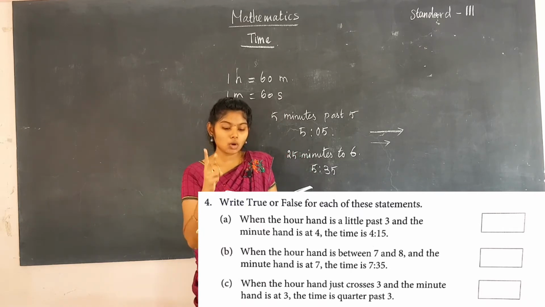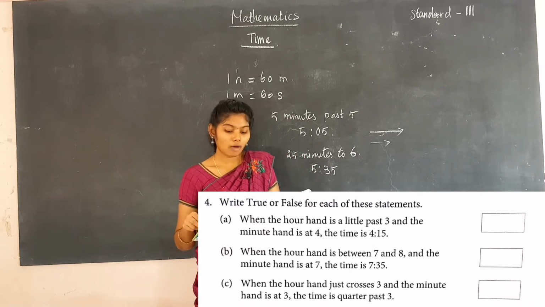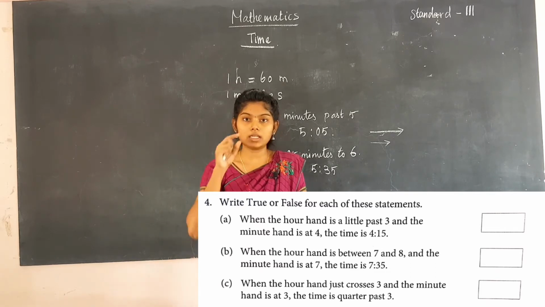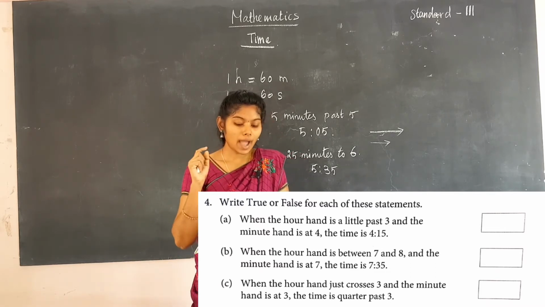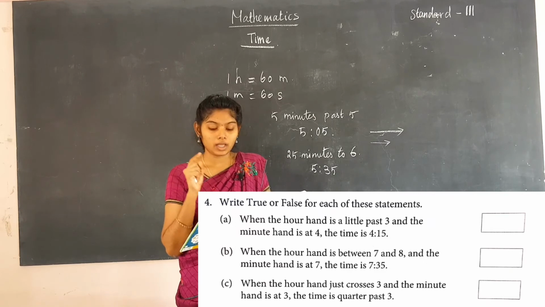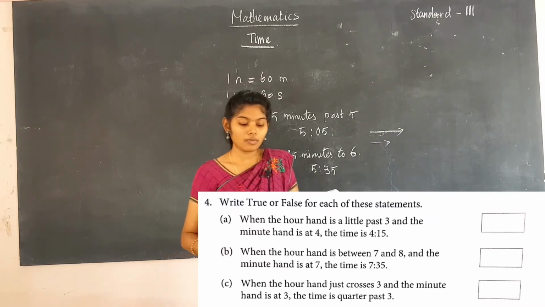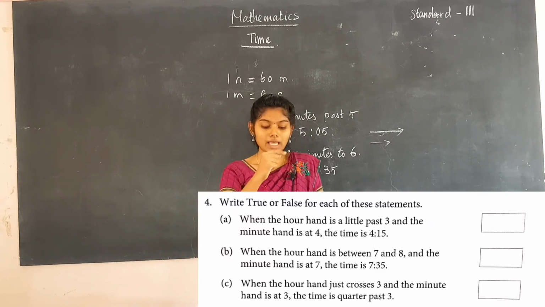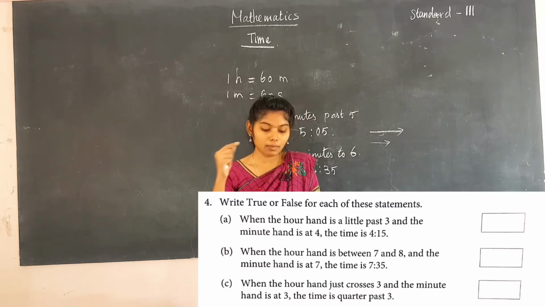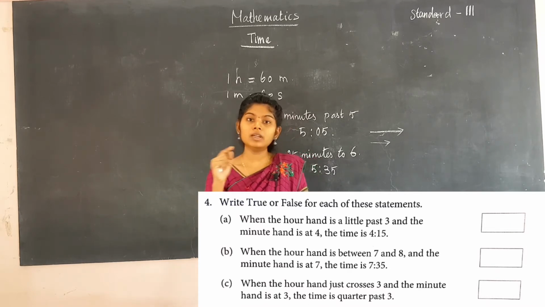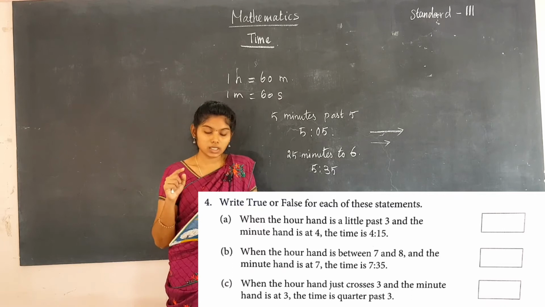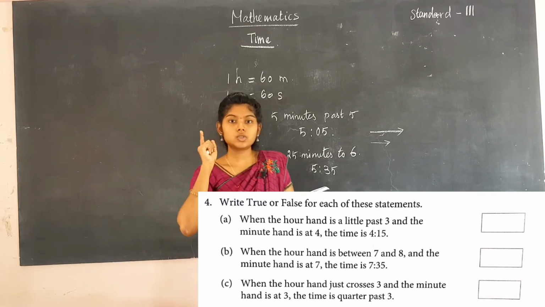And the next two things you are going to do as homework. When the hour hand is between 7 and 8 and the minute hand is at 7, the time is 7:35. So it is given that the hour hand is in between 7 and 8 and the minute hand is at 7. 7 means it's 35, you know that. So check whether it is true or false.